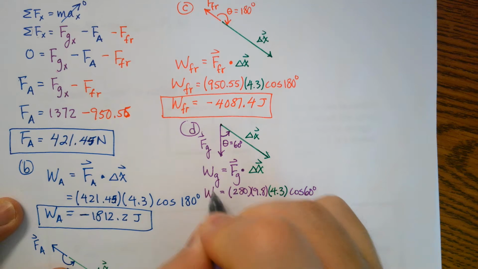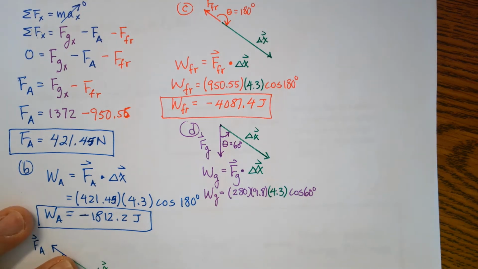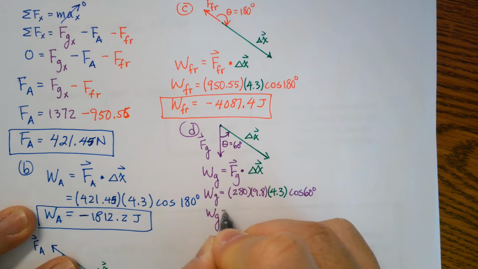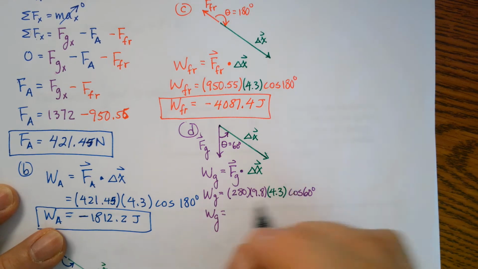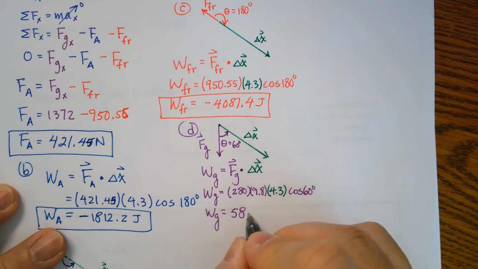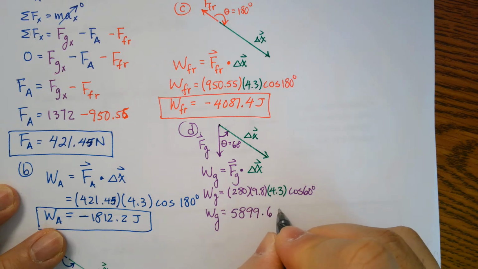That's how much work is being done by force of gravity. So if you work this out, work done by force of gravity comes out to 5,899.6 joules.